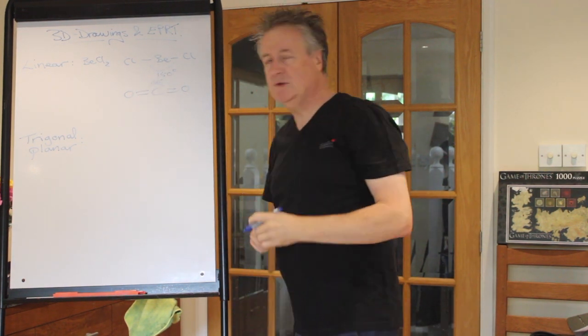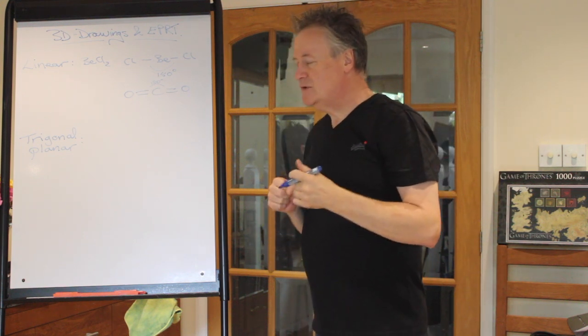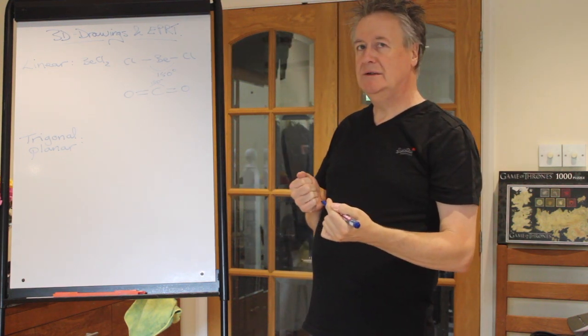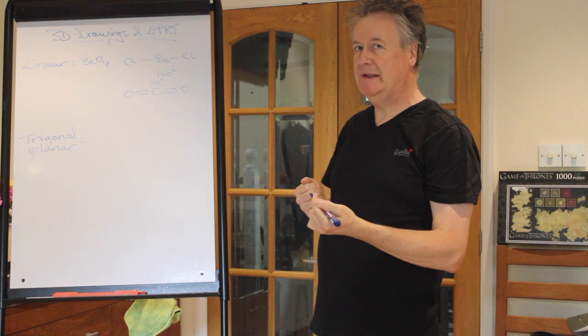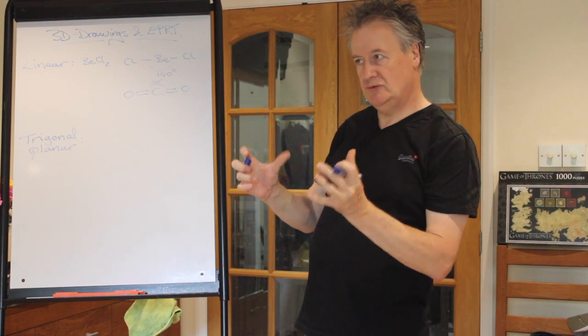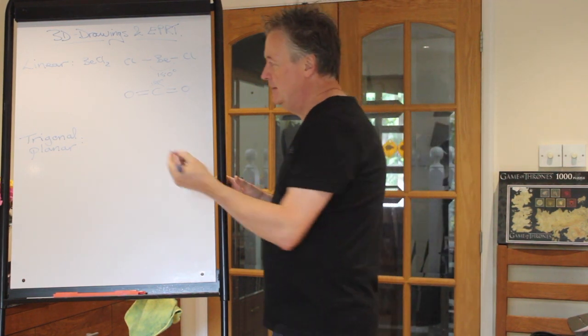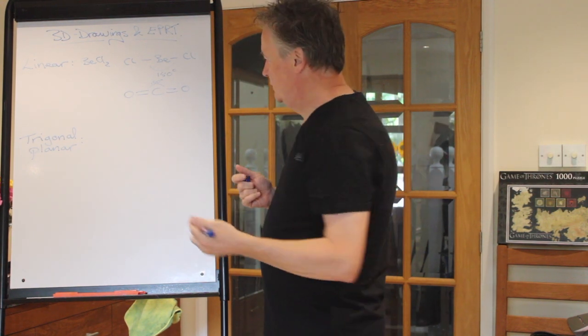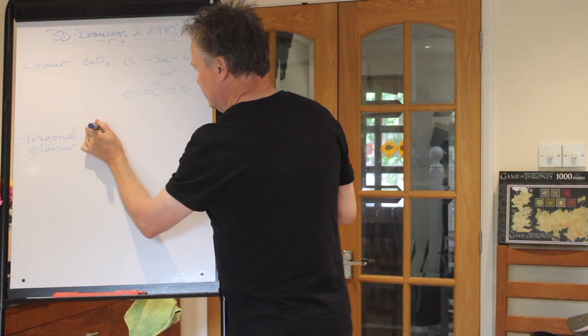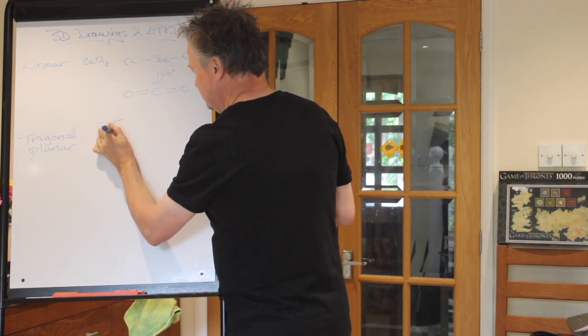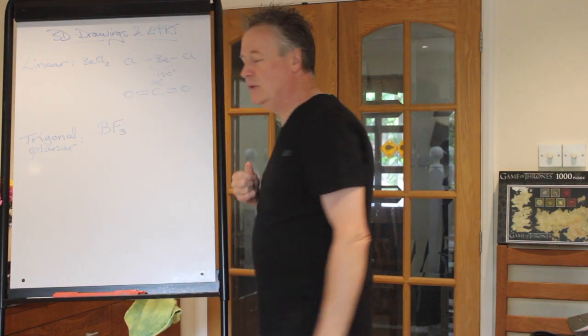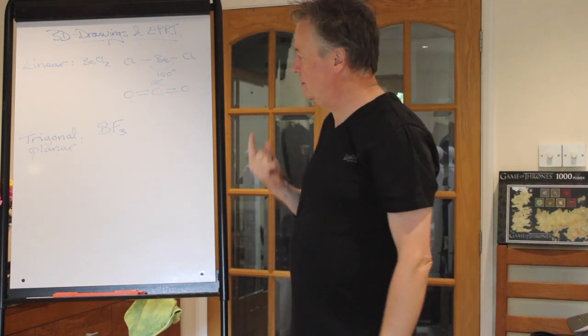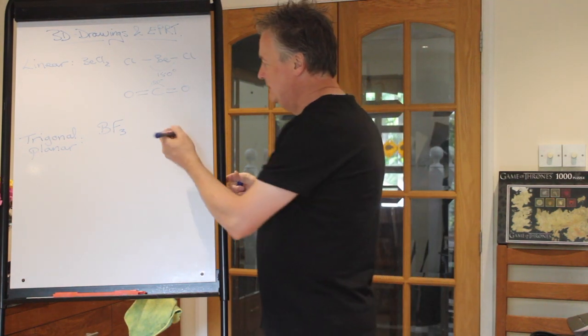Now, Trigonal Planar is when, again, you don't have a lone pair doing any manipulation of the shape. Two obvious examples. There is a set of things based around boron, not just the fluoride, but boron trifluoride is one of them.